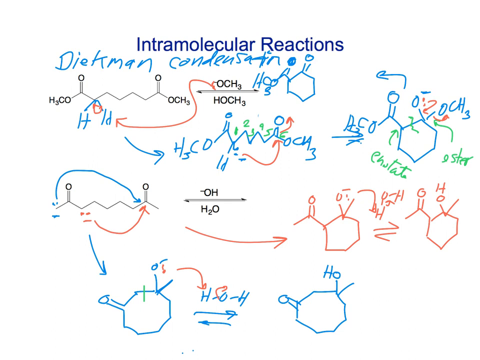All right, which one of those do you think would be more favored? The 6-membered ring, right? A 6-membered ring forming is much more stable. 8-membered rings start to become much more strained. Okay, so this is going to go to whatever the more stable ring size is.